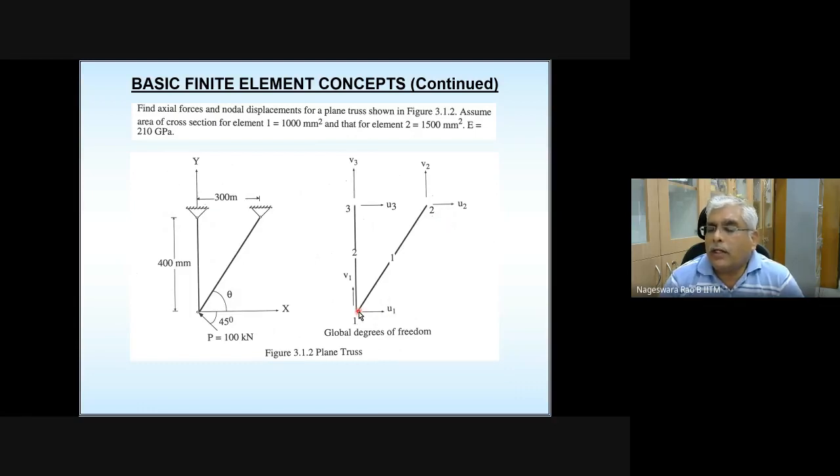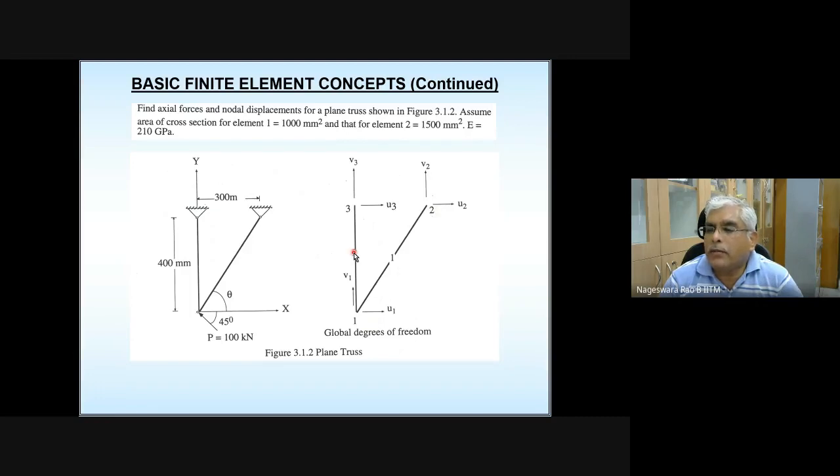At node 1, the displacement components in the global coordinate system are U1, V1. At node 2, U2, V2. At node 3, U3, V3. For element 1, this is the first node and this is the second node, so the local node numbers match the global numbers.